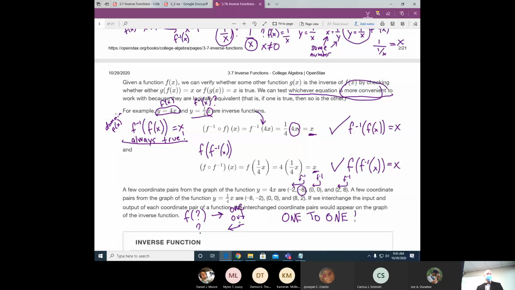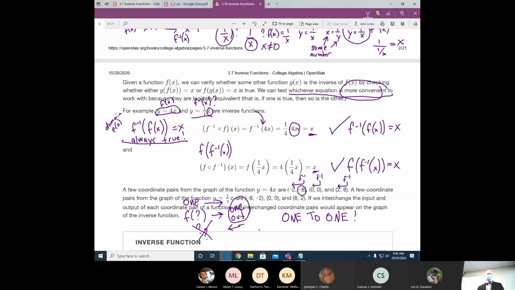And with that, if it was not 1-to-1, then I could not find my inverse. It must be one output. One input must give me one output, or I don't know which one to come back to. I'll get two possible answers.